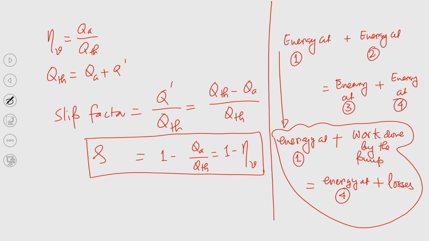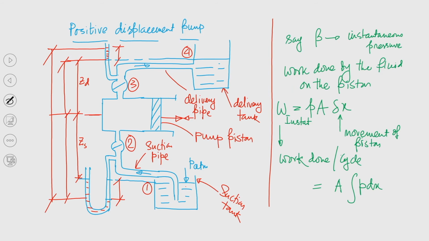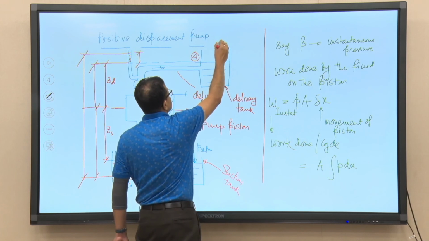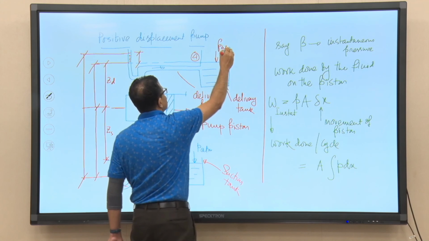So, what we have written? We have calculated this. Now, what is the energy at point 4? Again, if we go to the schematic, the delivery tank is at atmospheric pressure, open to atmosphere.